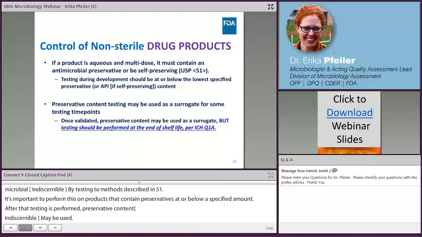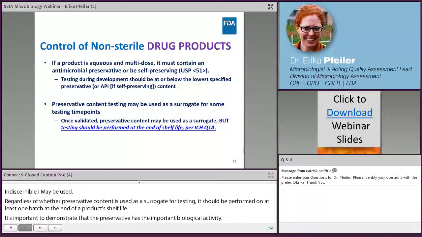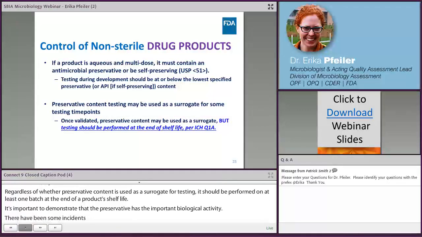This is in agreement with recommendations in ICH Q1A and is important to demonstrating that the preservative has the proper biological activity over the shelf life of the product. We've dealt with some incidents recently in which products pass preservative content testing over time, but fail AET. So testing over the product's lifespan is something that we're trying to emphasize more heavily when we see these in applications.